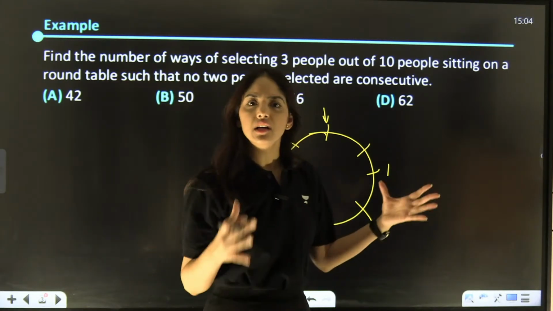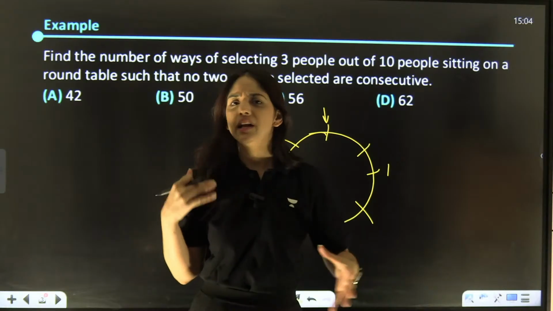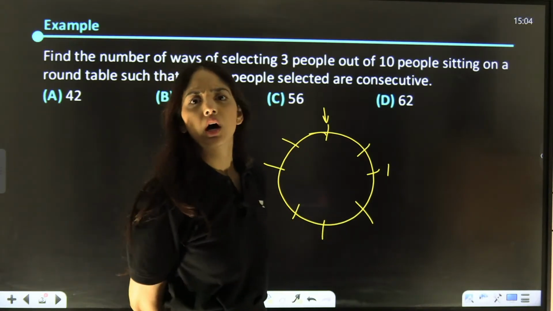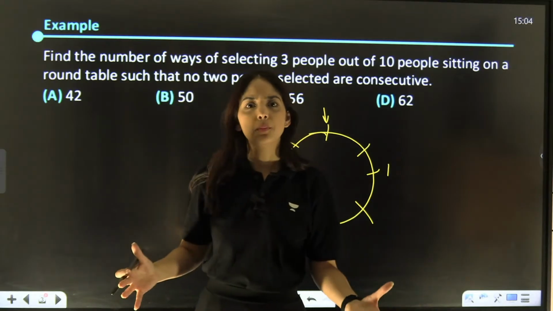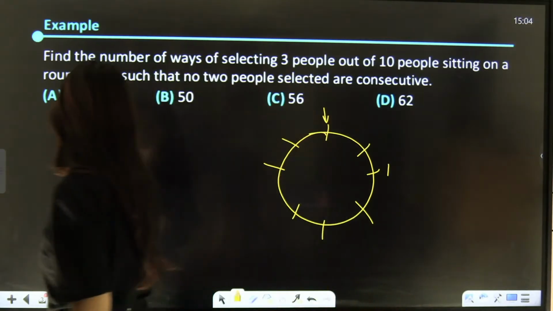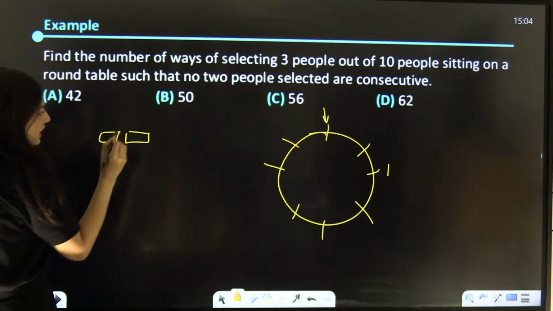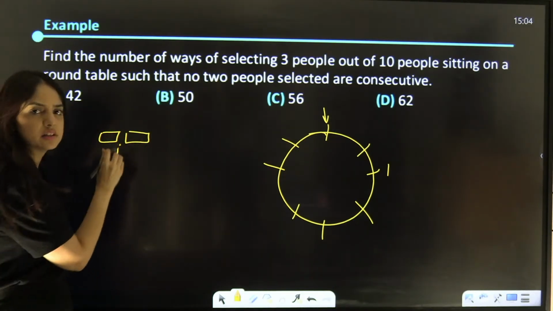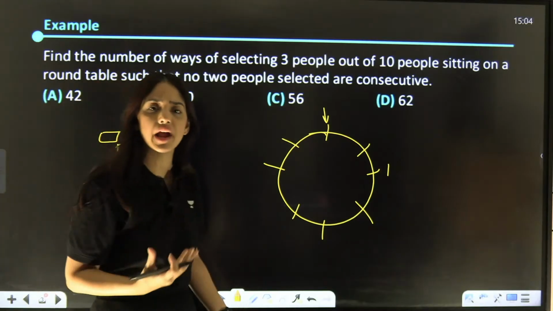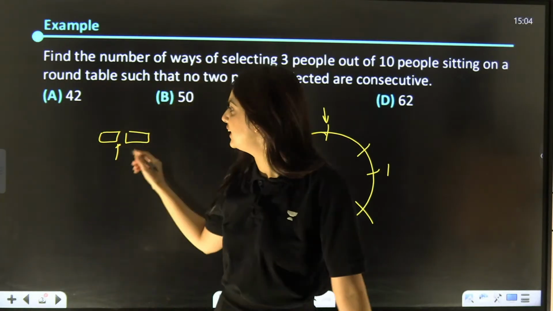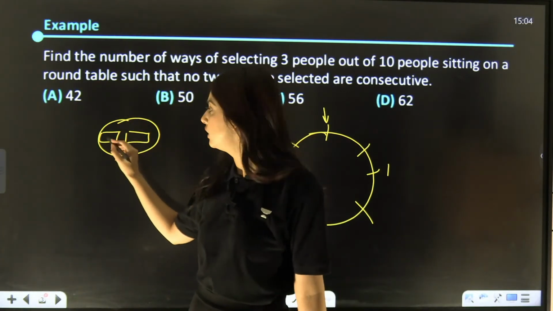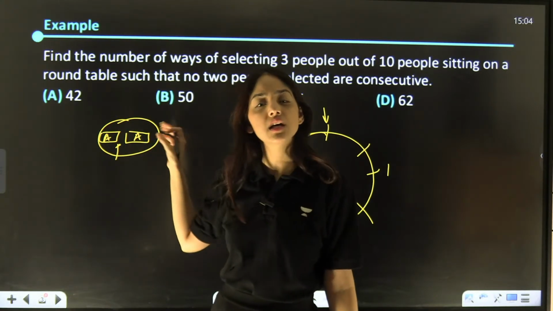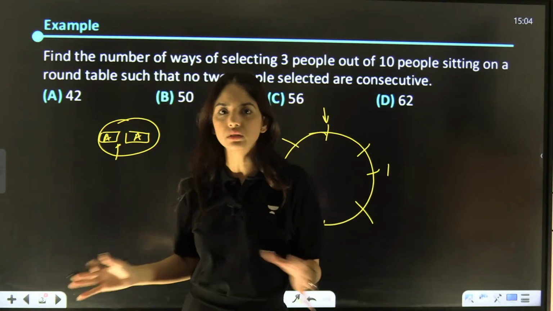Now let's take a look at this from another way, a familiar way. Whenever we had to solve a problem where no 2 A's are adjacent, we can either fill these 2 A's between the gaps, or we can check how many cases do we have when these 2 A's are adjacent and remove those cases from the entire total cases, right?